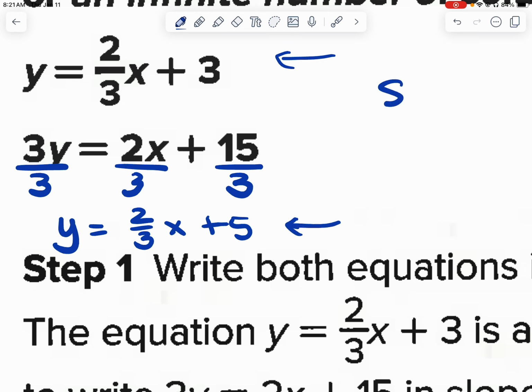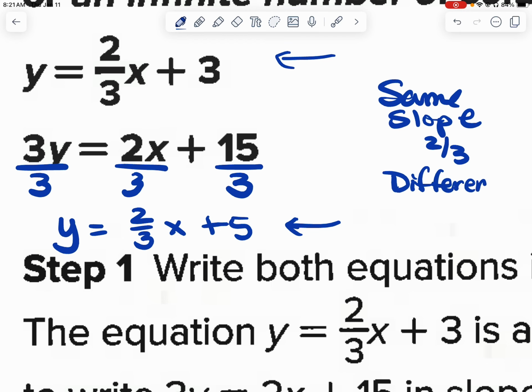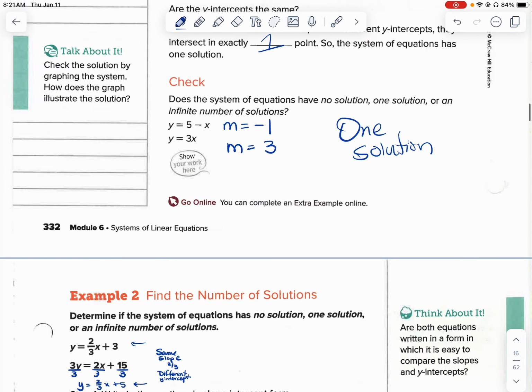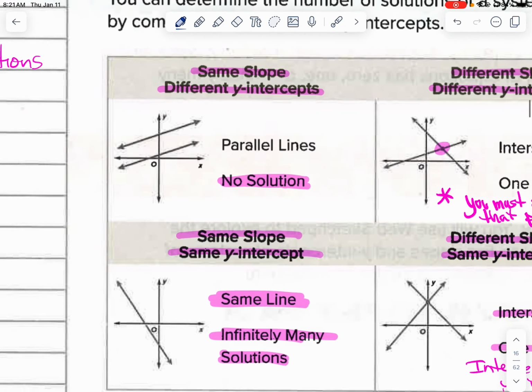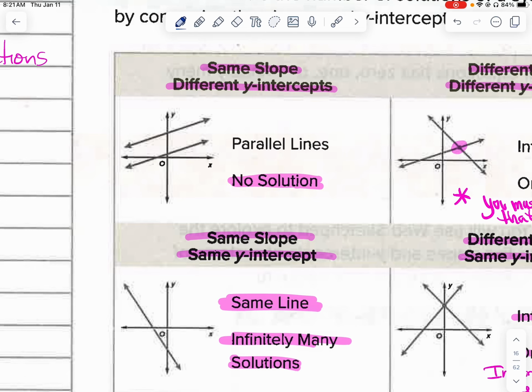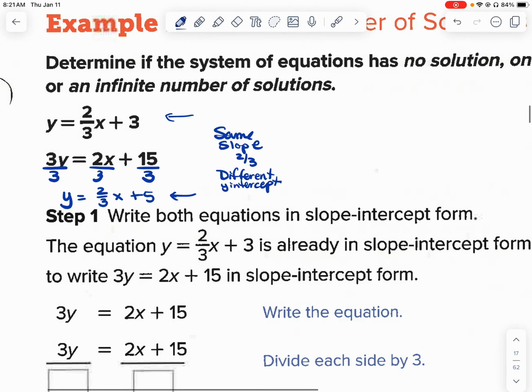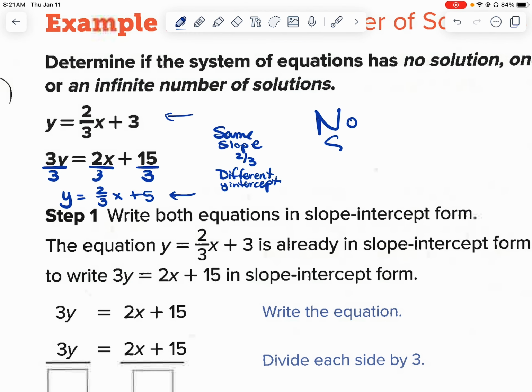We have the same slope of 2/3, but we have a different y-intercept. That means if I come back up here, if they have the same slope, but they have different y-intercepts, that means it's no solution. So the answer to this one is no solution. That means that they are parallel lines.